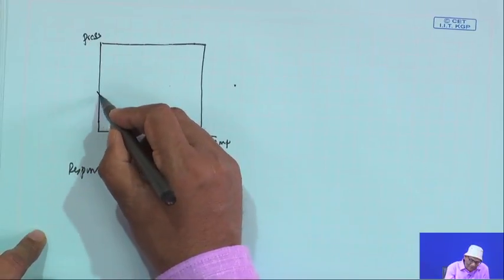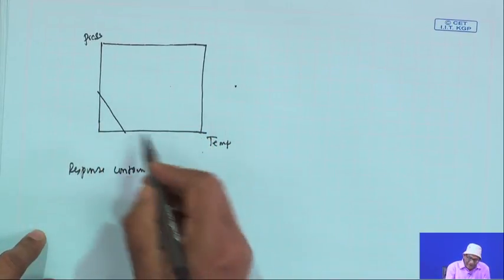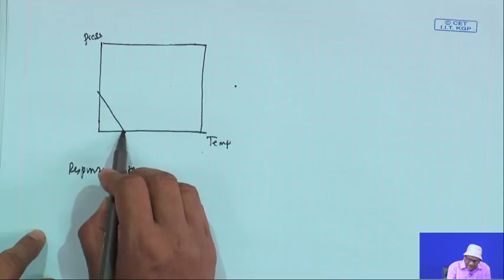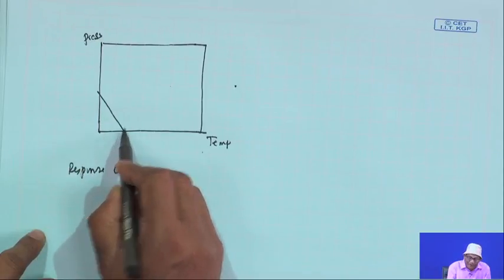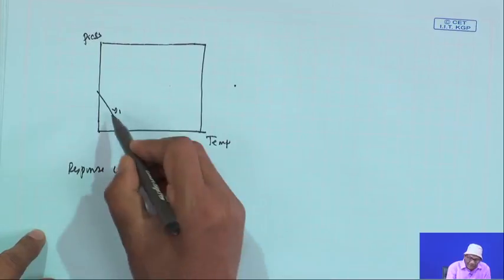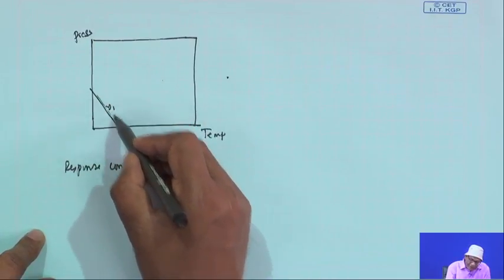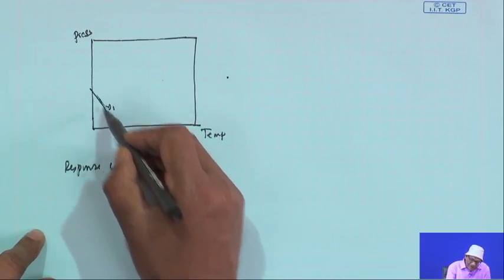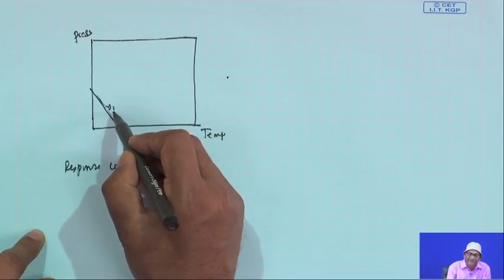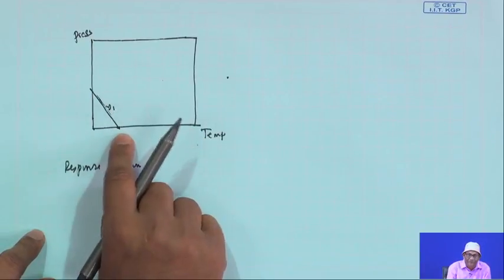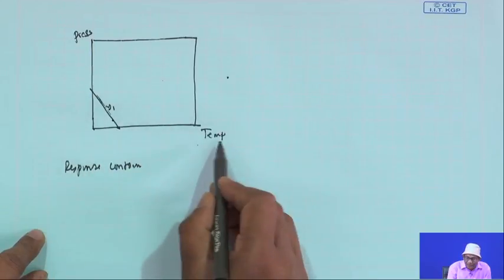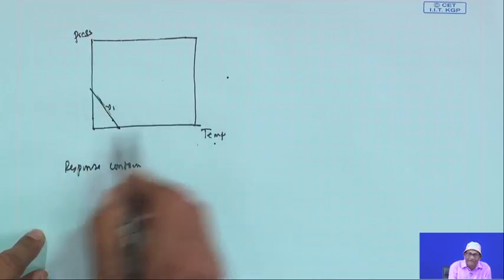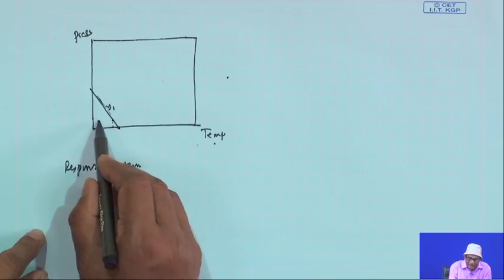For example, if temperature is this value and pressure is that value, then the response is y. Suppose this is y 1. Any point on this line has the same value for response, but if I take a point here, the temperature and pressure values will change like this.